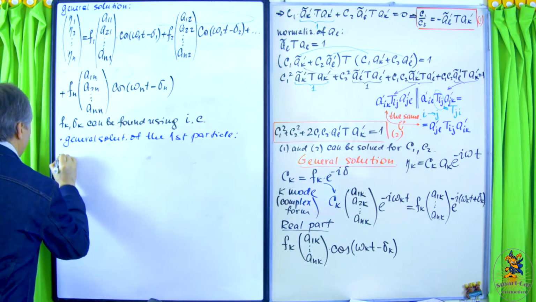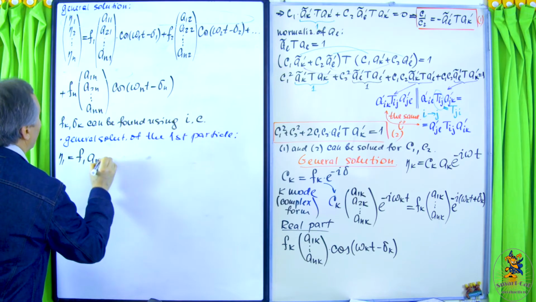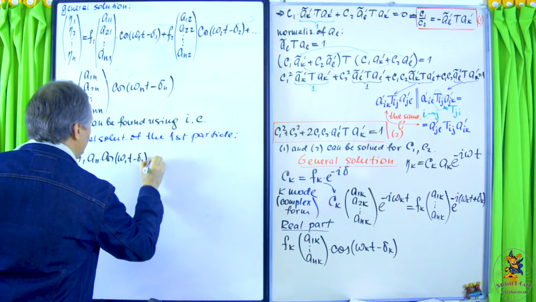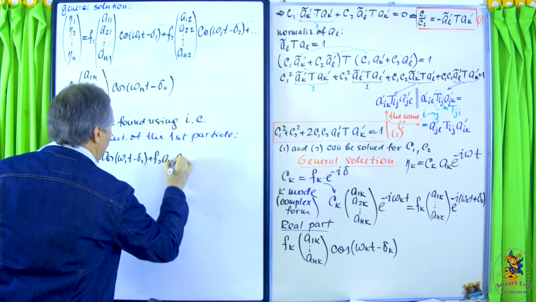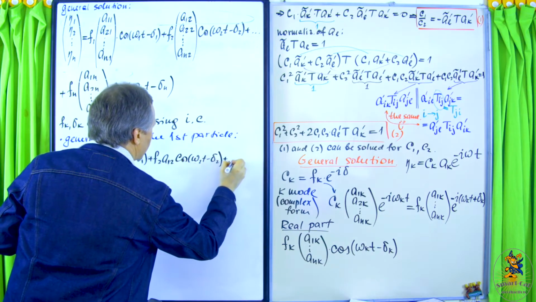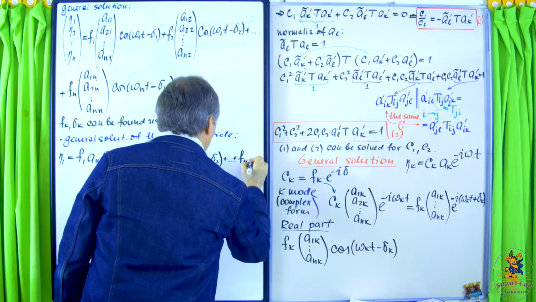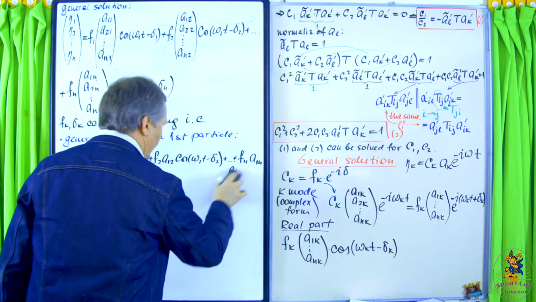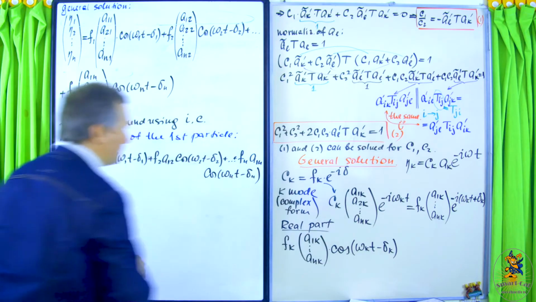So it will be eta 1 equals F1 A_11 cosine omega 1 t minus delta 1, plus, let me write the second element also, F2 A_12 cosine omega 2 t minus delta 2, and then plus, and so on, plus, and the last one will be Fn A_1n, and let me step away slightly further, cosine omega n t minus delta n.